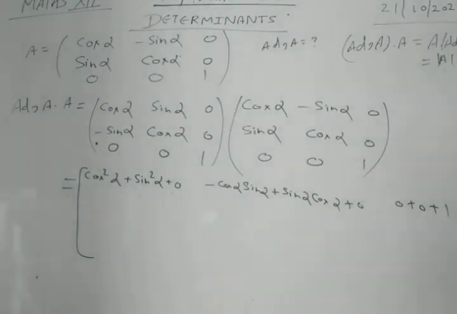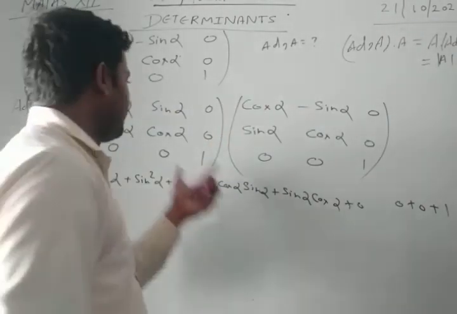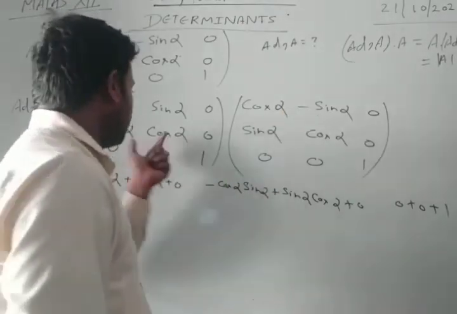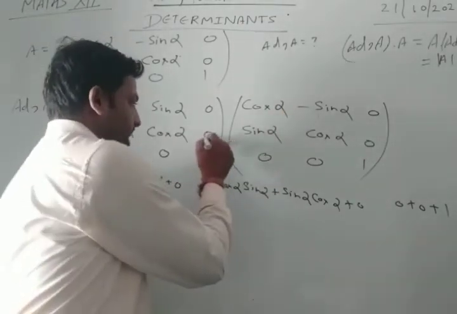Now again we take second row, first column, second row, second column, second row, third column.